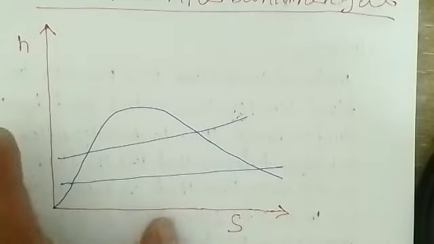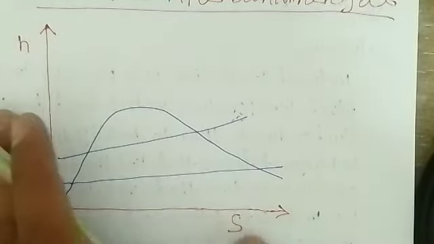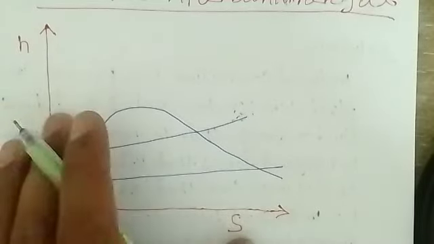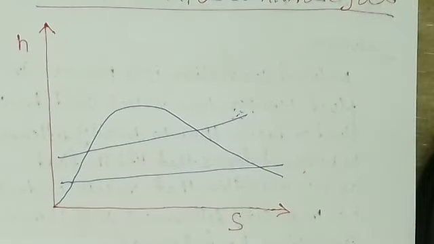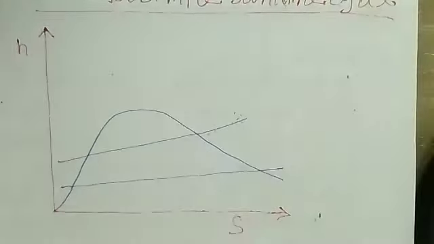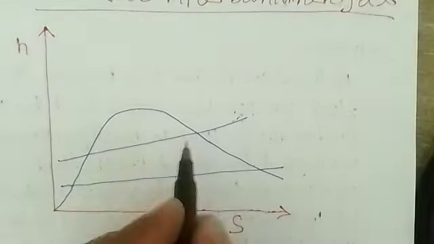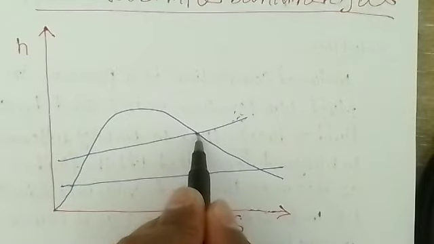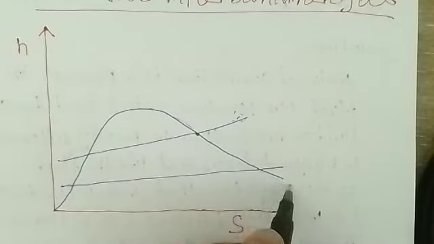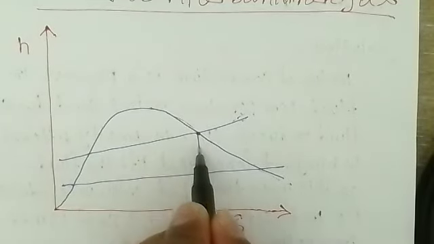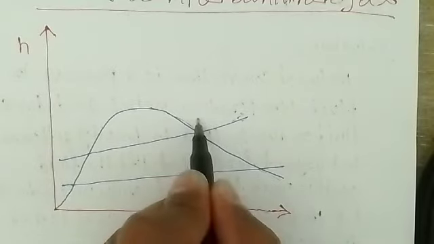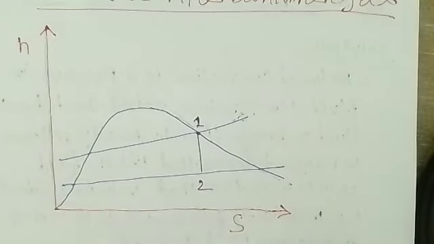So three conditions we have to take, that the quality of steam at the inlet of the turbine will be dry saturated, wet steam, or superheated. Whatever type of steam you have generated in a boiler, maybe it will be dry saturated, superheated, or wet steam. So we'll see all of them. First of all we will see dry saturated. Here you have the saturated vapor and this is the saturated liquid. For dry saturated, let's say it is like this, here you have 1 and this is 2.